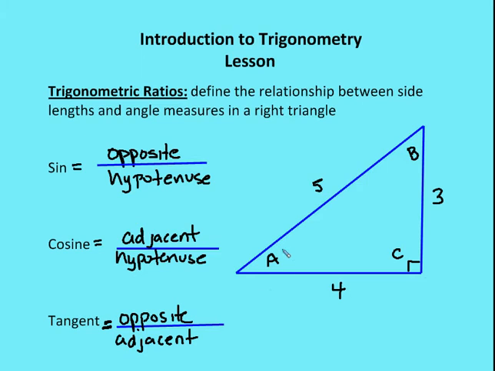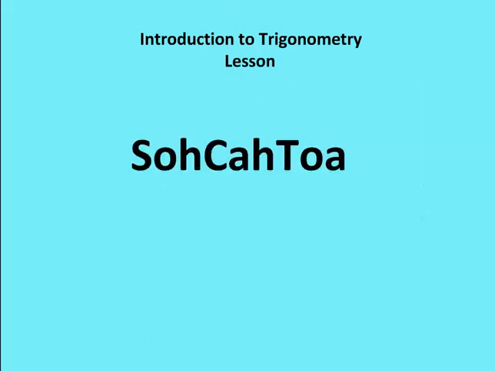And when I say the sine of angle A, that's the relationship of the length of this side here with a measure of 3, so the opposite over the hypotenuse. The opposite side is relative to the angle that's being questioned, or from which we're taking the trig function.